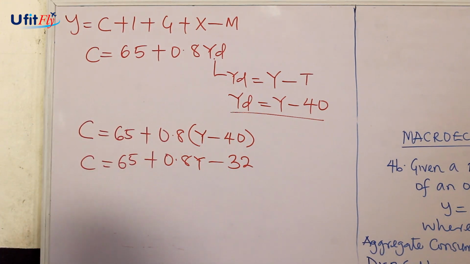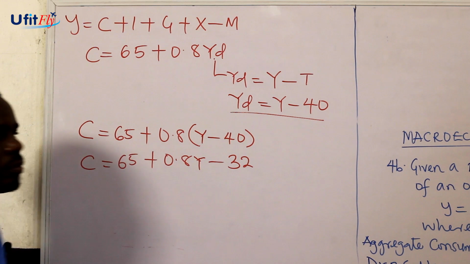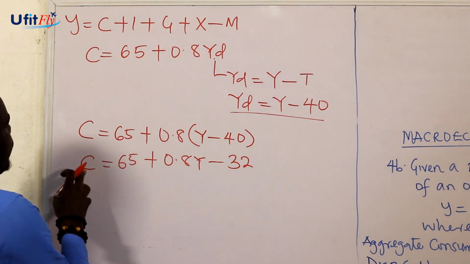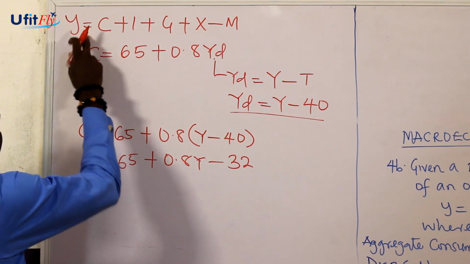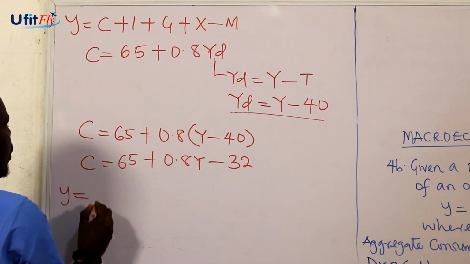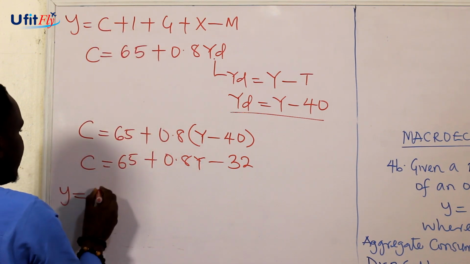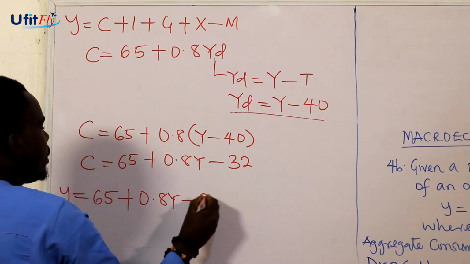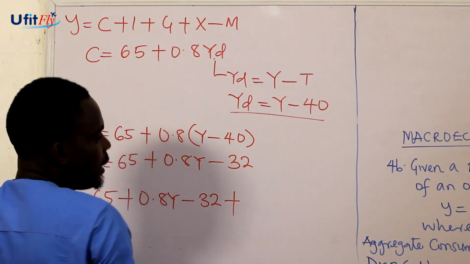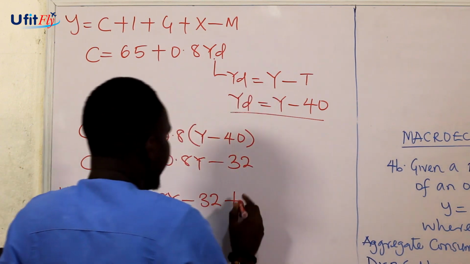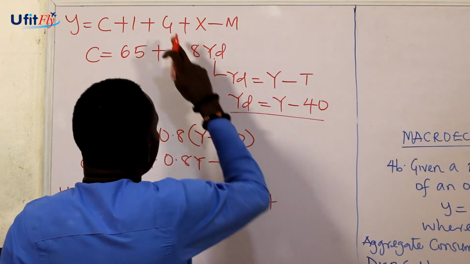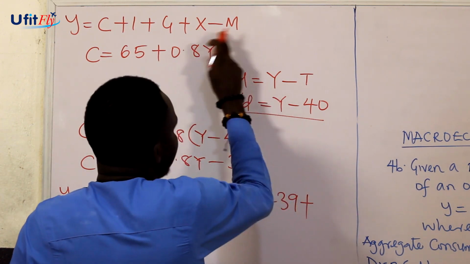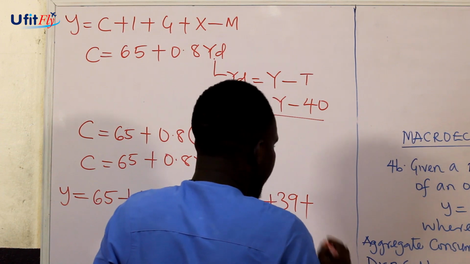This represents the consumption function. Then we can put the consumption function into the main equation. We have Y equals, instead of C, 65 plus 0.8Y minus 32, plus investment, which is 26, plus government expenditure, which is 39, plus net export.